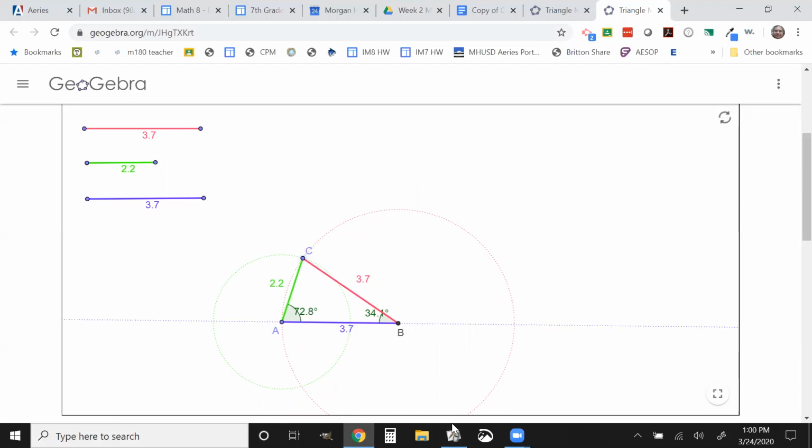So I don't have my 90-degree angle anymore. Oh, darn. So I'm going to have to do something about that. So to get my 90 degrees back, and as you're experimenting with this, just get close. It's not perfect, but I guess we can't do two 3.7s because that would lose our 90-degree angle, wouldn't it?